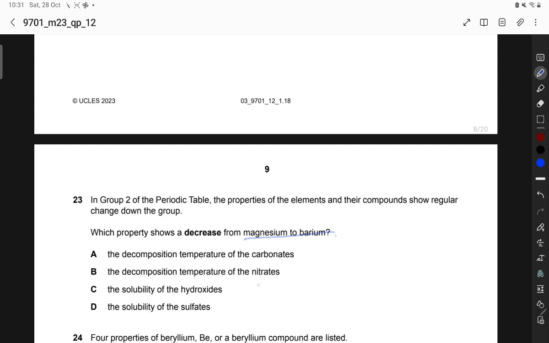The decomposition temperature of the nitrates is also incorrect, because all metal compounds have the same trends. The solubility of the hydroxides increases down the group, so it is also incorrect. The solubility of the sulfates decreases down the group. So option D is the correct option.